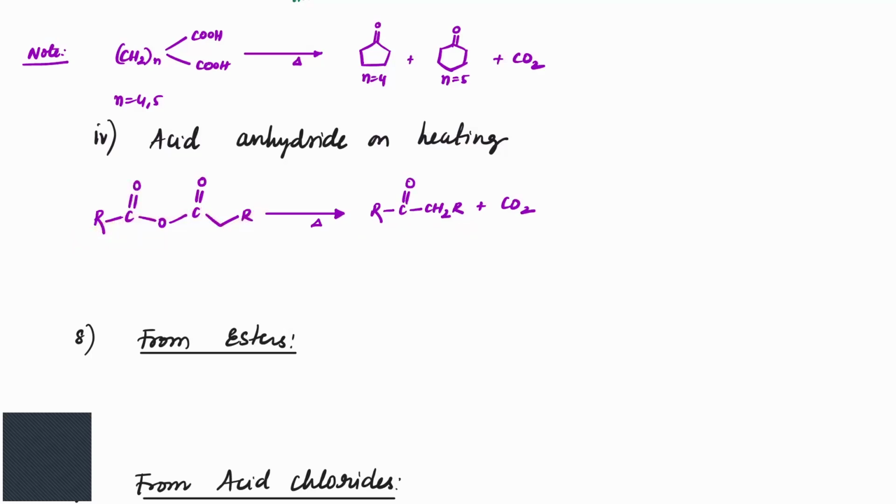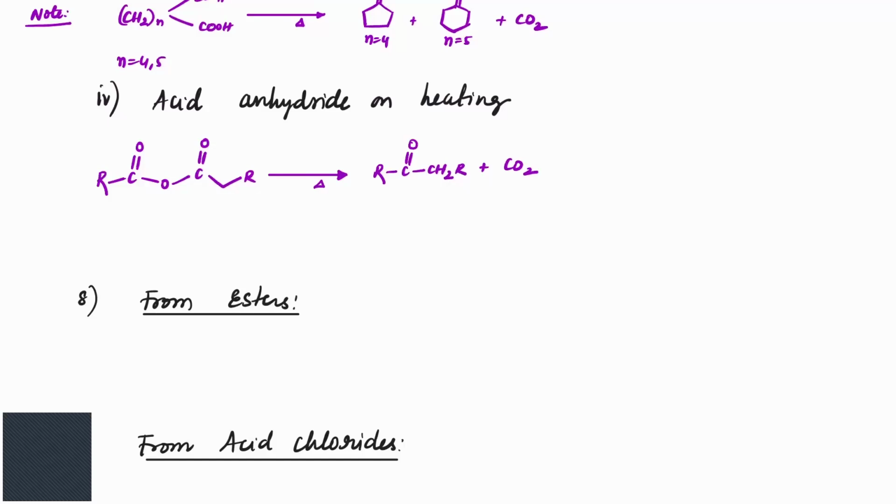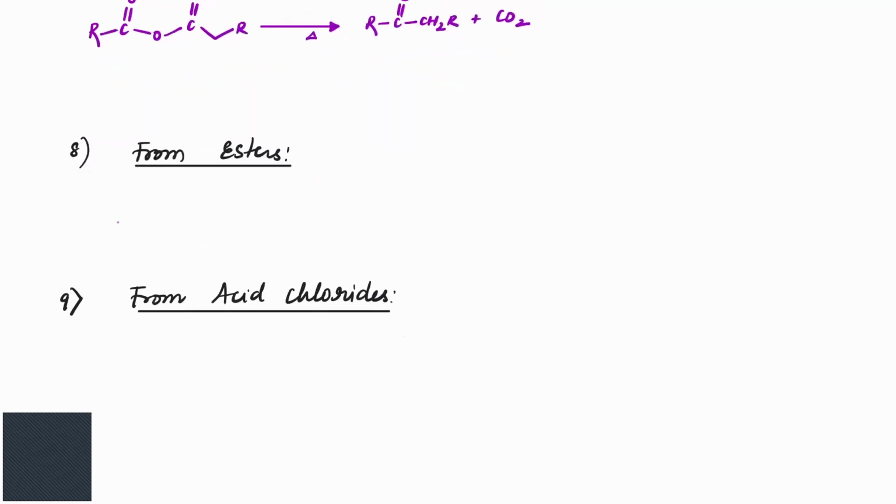Okay, right. Next, from esters. Esters, you know that R C double bond O O R dash. If you treat with DIBAL-H, that we have learned already, DIBAL-H at minus 78 degrees, followed by hydrolysis, that will convert into an aldehyde plus alcohol.